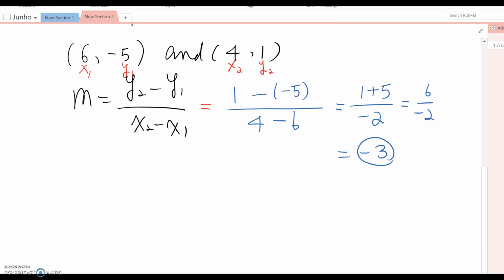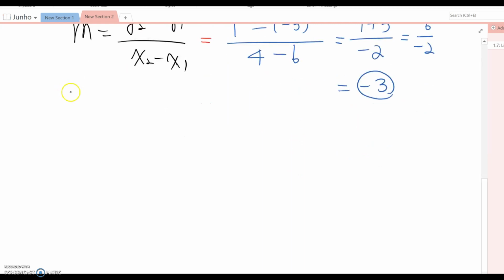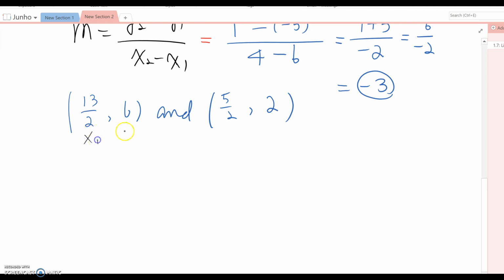So look at one more question. Maybe these 2 points, 13 over 2 comma 6 and 5 over 2 comma 2. Same thing. We will name these x1, y1, x2, y2.